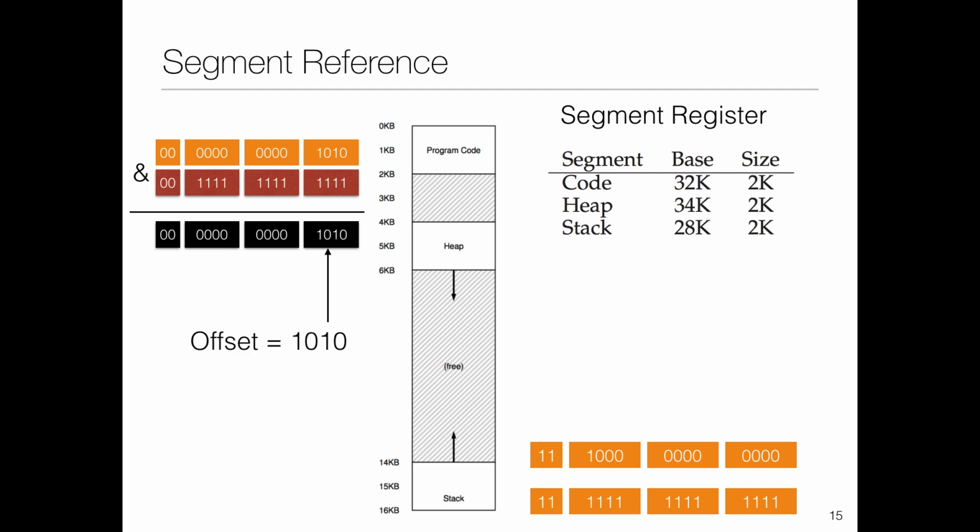What physical address will we get for this? The physical address is given by the base address for that particular segment plus the offset into it. So the base address for code is 32K plus the offset. 32K plus 1010 binary, which is 32768 plus 10, and this should be decimal.